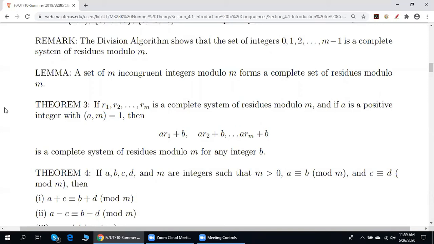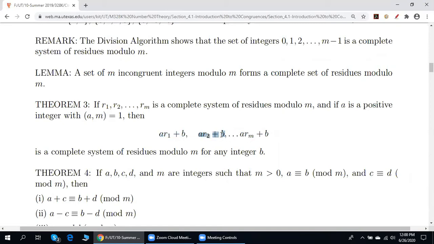Think about questions. Is there any proof for theorem 3? In order to prove this, we use the lemma. It says m incongruent integers form a complete system of residues modulo m. So first we'll note that over here we indeed have m integers. All we have to prove is that these integers are pairwise incongruent.